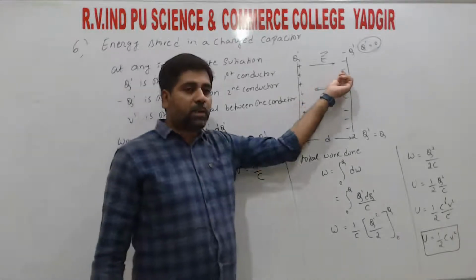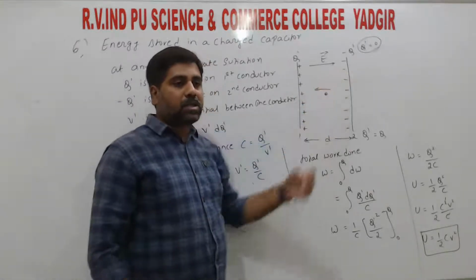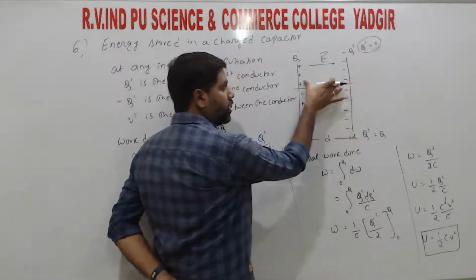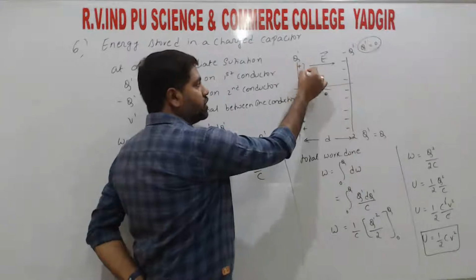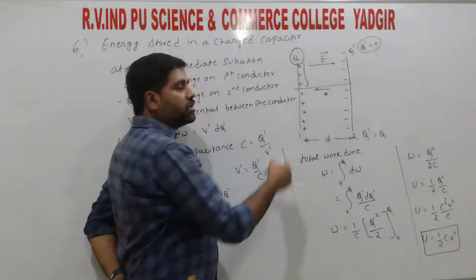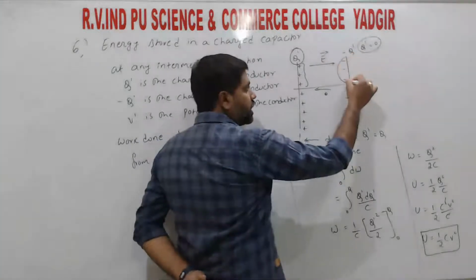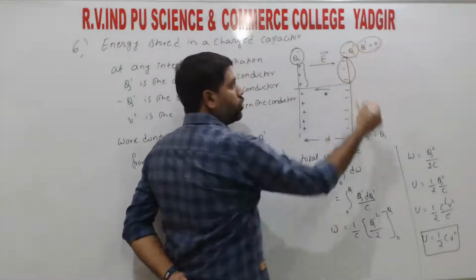If we consider this step by step, bit by bit, then at any intermediate situation, the charge stored on the first conductor is Q dash, and the charge stored on the second conductor is minus Q dash, right?